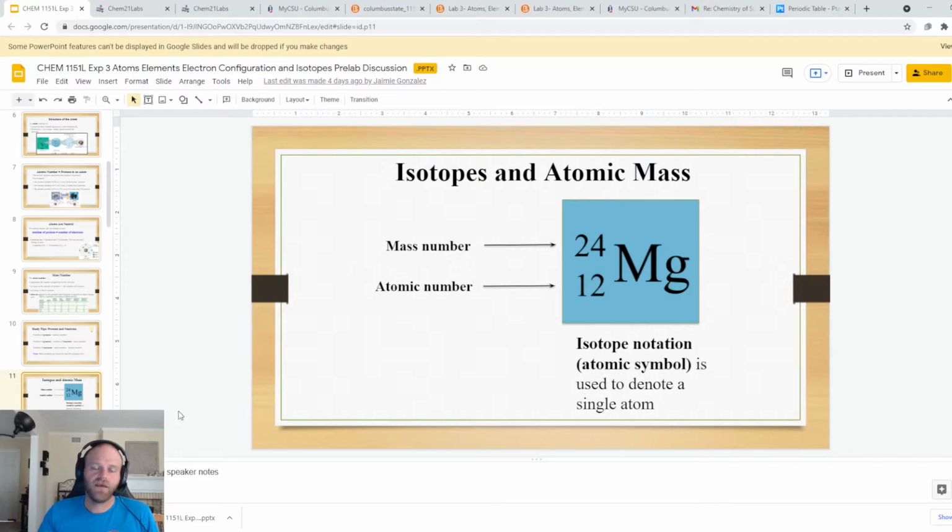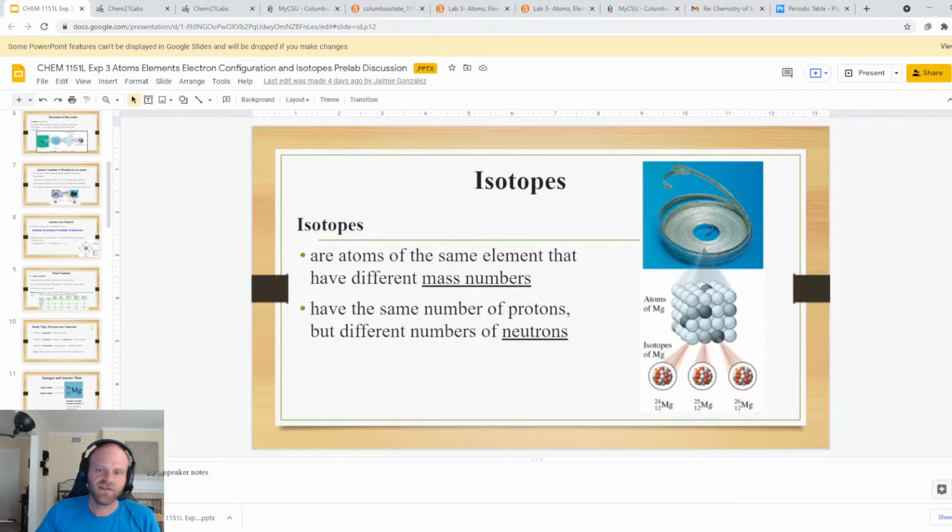So isotopes are atoms that have varying numbers of neutrons. For example, here on the bottom right, I can have magnesium with 12 neutrons, which is the one we just did, 24 over 12. I can have magnesium with 13 neutrons, 25 over 12. Or magnesium with 14 neutrons, 26 over 12.